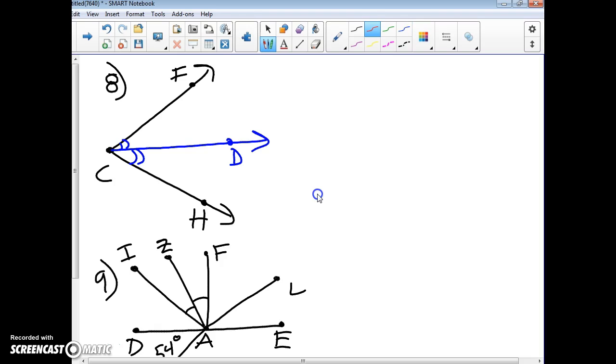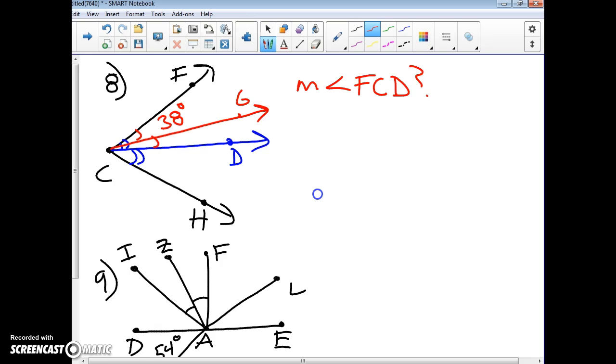There's also another angle bisector given by CG, so it slices that angle up into two congruent pieces. You have to remember what a bisector does. I tell you that angle FCG is 38 degrees, and the question I'm asking on this problem is what is the measure of angle FCD?